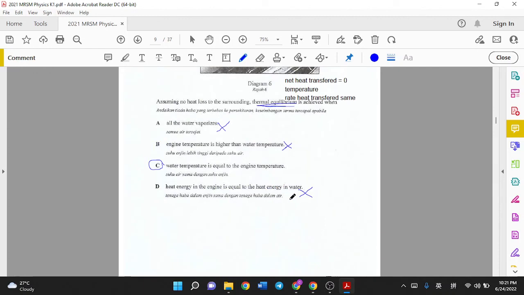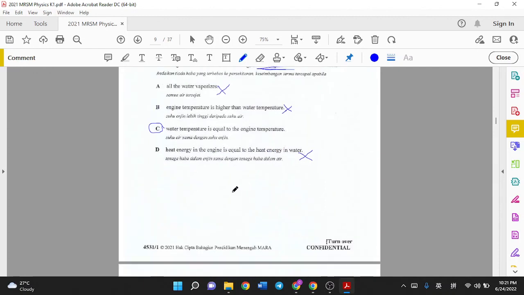So this should not be the answer. Just remember that if the temperature is the same, that doesn't mean that the heat energy of the object is the same.